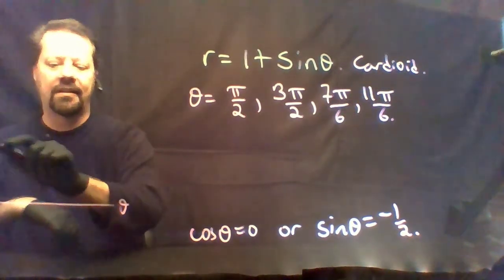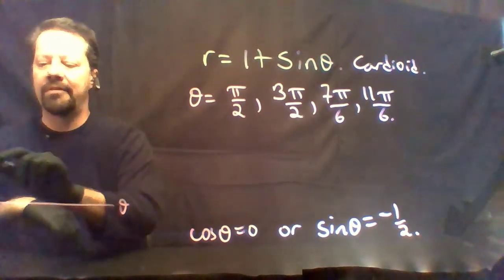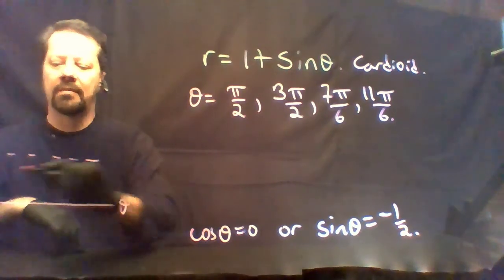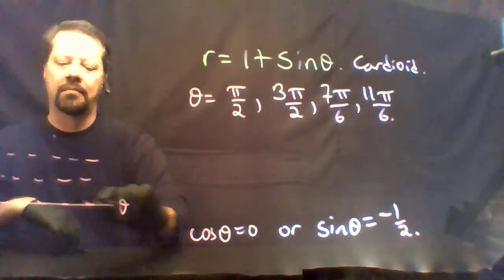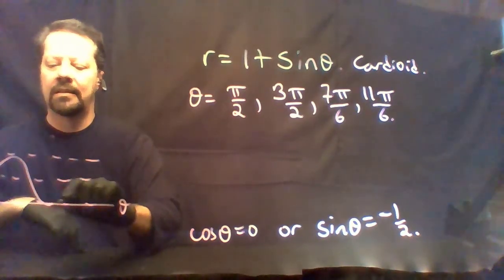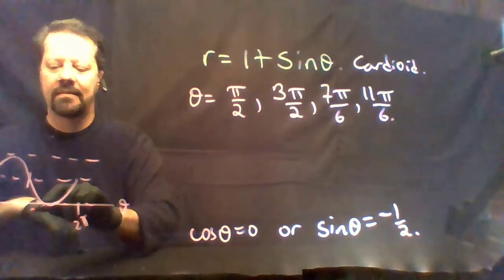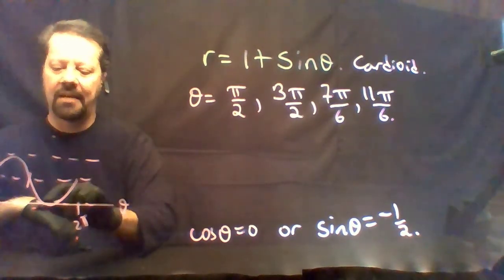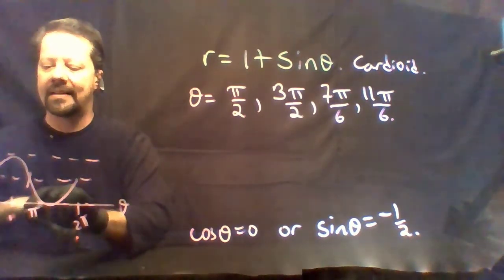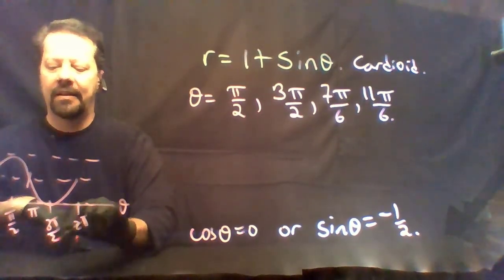In the theta r graph, we have a vertical translation of 1 and an amplitude of 1. We have a sine curve which always starts on the midline, completes one cycle in 2 pi units, crosses the midline at pi, reaches a max at pi over 2 and a min at 3 pi over 2.